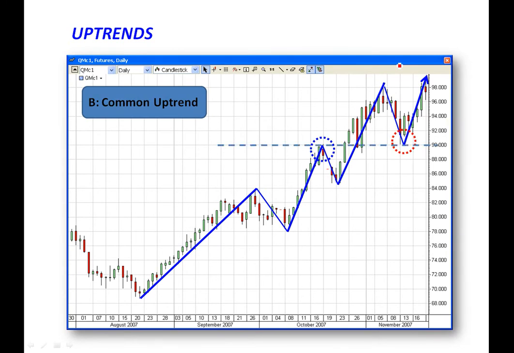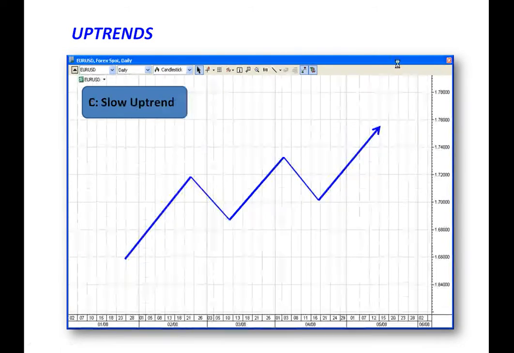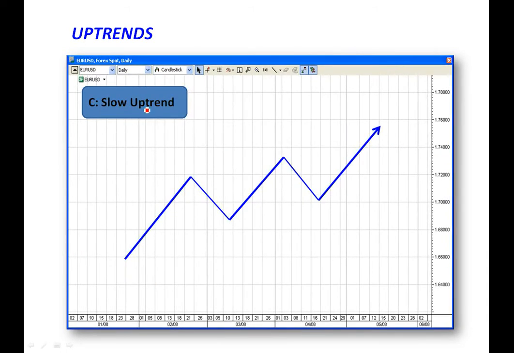Also, let's take a look at a slow uptrend. This is also an uptrend market, but it moves up in a slow and steady manner. Uptrend again is defined as the high, higher high, again, as we know, and low and higher low.